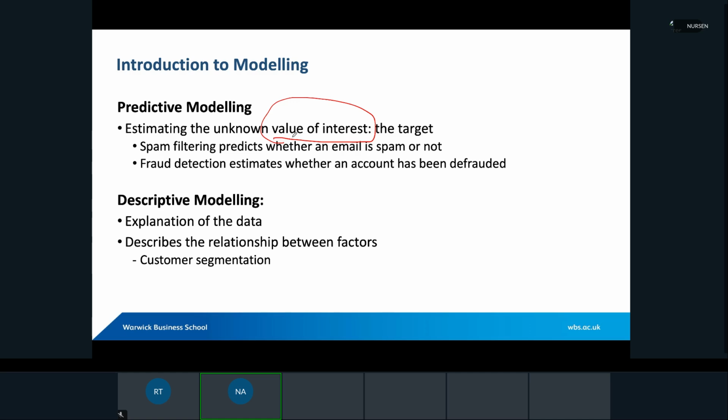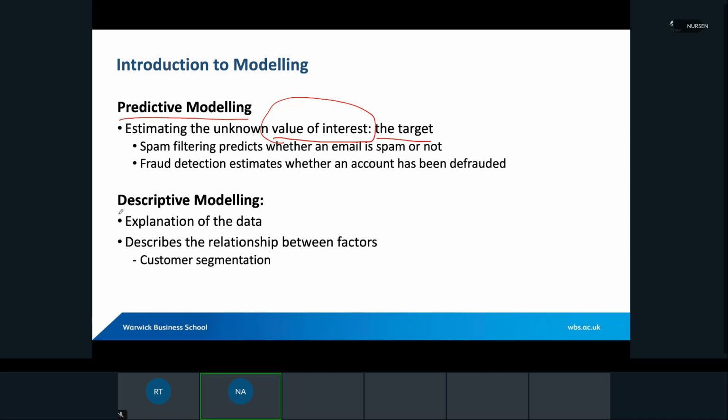It might be a regression case, with a numeric outcome like house prices, or classification, as we were discussing in the past few weeks, like predicting churn or whether a transaction is fraudulent. In both cases, in predictive modeling, we have a particular outcome, and we call this outcome the target variable, and our main aim is to identify this target variable.